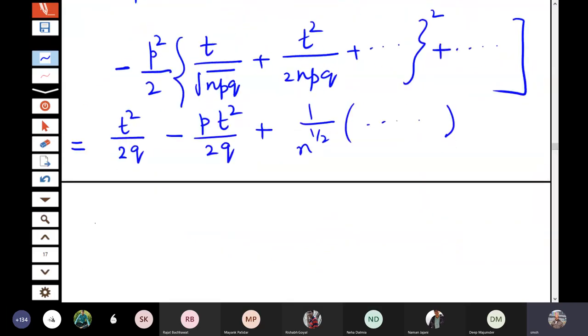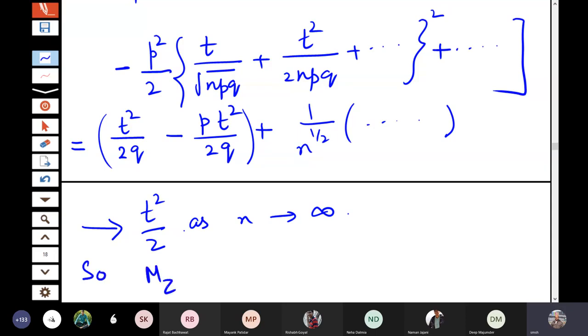So if I take the limit, then I will be left with only these two terms, which is nothing but t square into 1 minus p by q, and that 1 minus q and p will get cancelled out. So you get only t square by 2 as n tends to infinity.